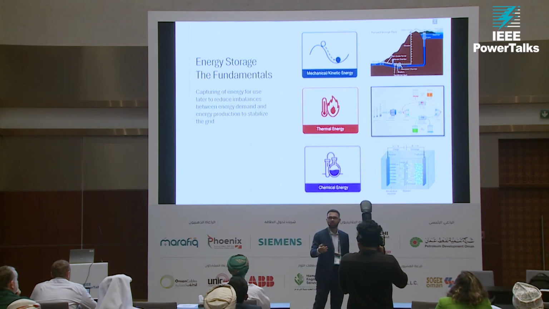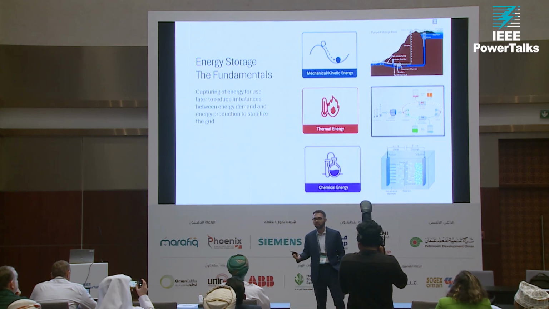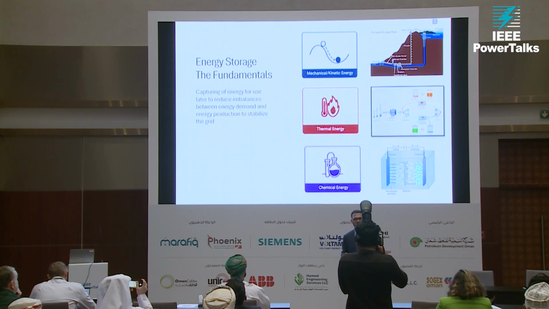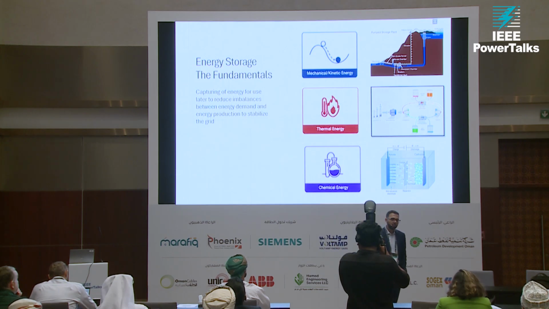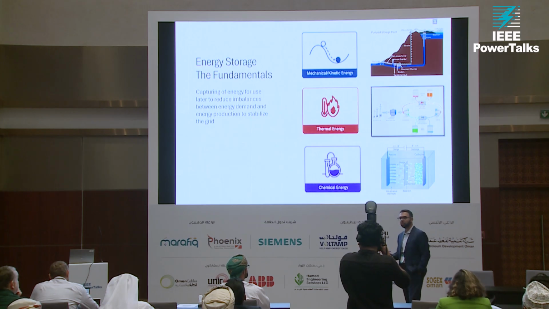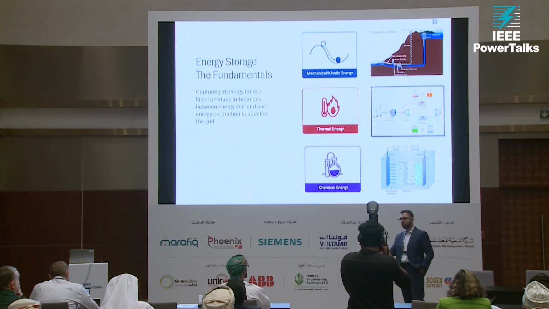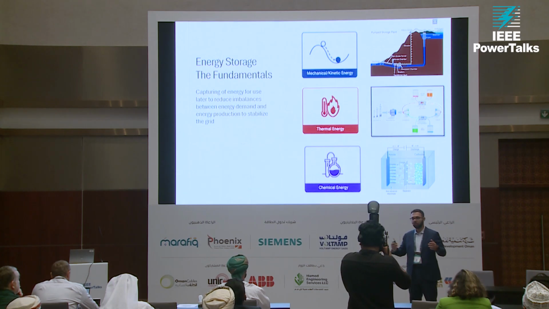With oil and gas, for example, you have tanks to store gas. In the food industry, you have fridges and distribution centers where you can store food. When it comes to energy, there are not a lot of established ways to store it to use it later and be effective. So the fundamentals have been energy shifting: let's store things that we don't need right now and use them later when we need them, which helps utilize the energy better.